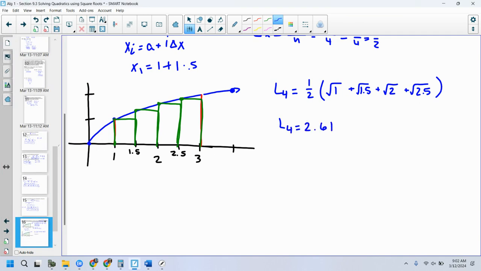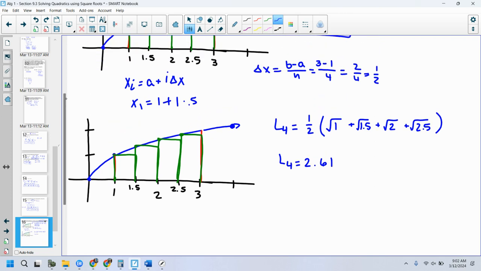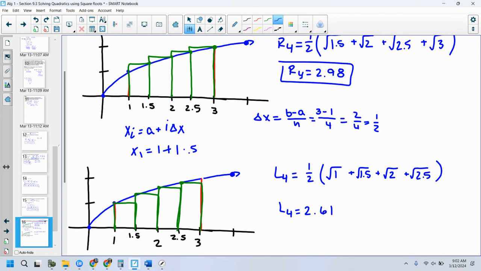Is that an under approximation or an over approximation? Under. So does that make sense that one is smaller than the other? Yeah. So I know the true area of this thing is somewhere in between 2.61 and 2.98. Somewhere in there. If I were to run more rectangles, that would get me a little bit more precise.